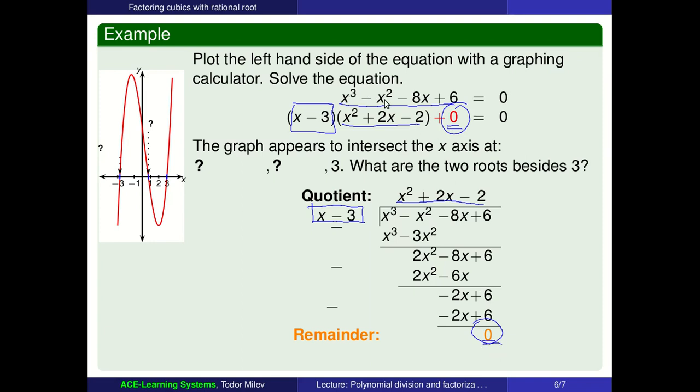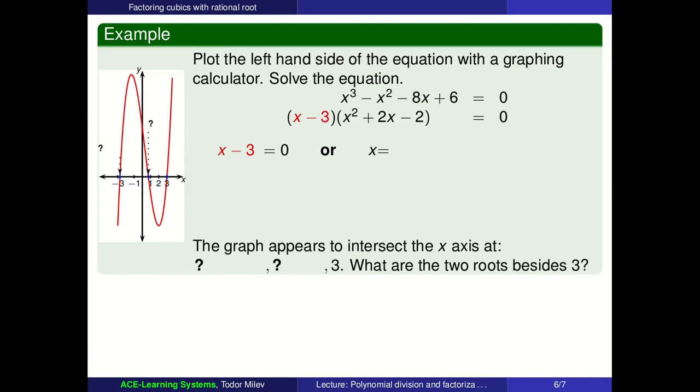So x cubed minus x squared minus 8x plus 6 is equal to x minus 3 times x squared plus 2x minus 2 plus 0. Alright. We can remove the plus 0. So we have in fact factored our cubic. Alright.